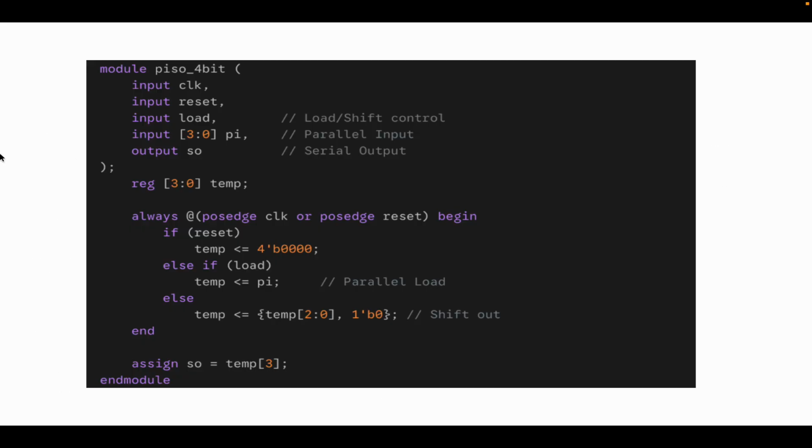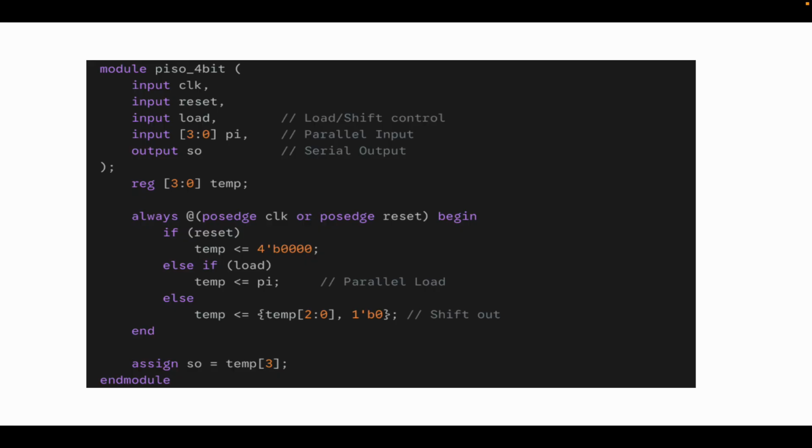So when you're writing the code here, we can see we have two conditions. Here you are writing also about load. If load line is enabled, whatever is your parallel input, that will go as an output. But if load line is not enabled, your shift is 1.